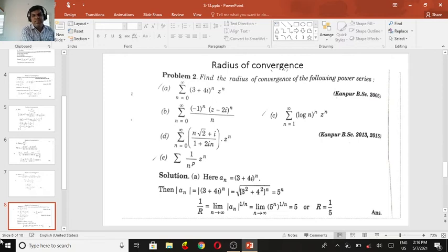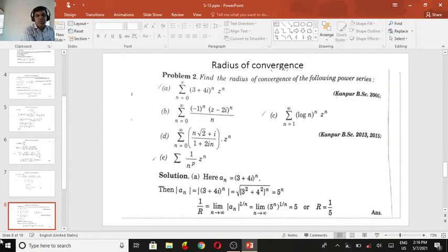Find the radius of convergence of the following power series. For example, we take the summation n running from 0 to infinity of (3 + 4i) whole power n into z power n. So here a_n is equal to (3 + 4i) whole power n.